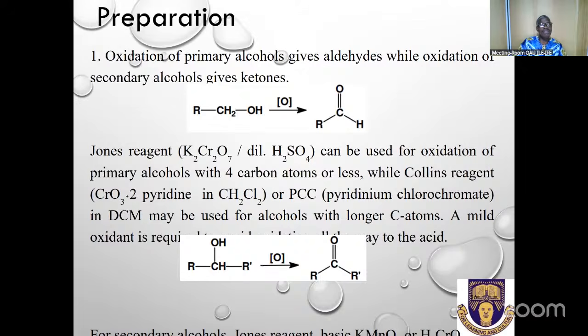If we oxidize a primary alcohol, then we obtain an aldehyde, while oxidation of secondary alcohols will give ketones. So we must know this. Let's keep this at heart. Now look at this, it is a primary alcohol.